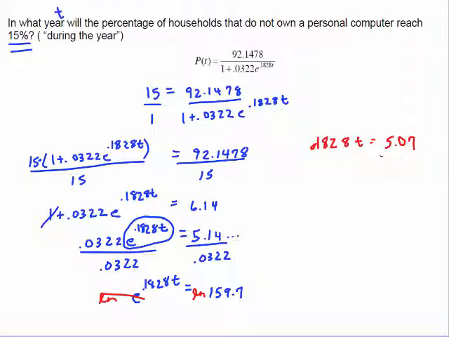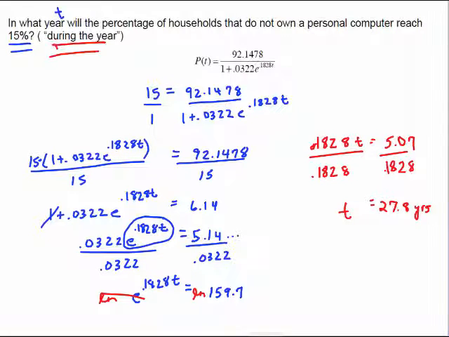Again, leave the whole number on your screen, and our last step now to get the t alone is to divide both sides by 0.1828. So you've got this 5.07 big number on your screen, divide by 0.1828, and t comes out to be about 27.8 years. Now, we're not finished.